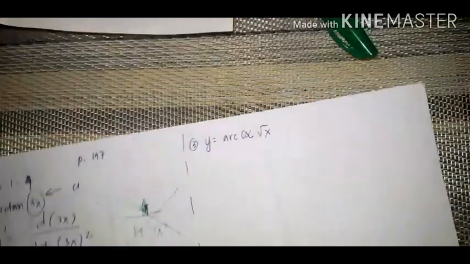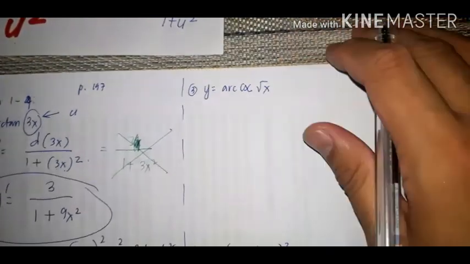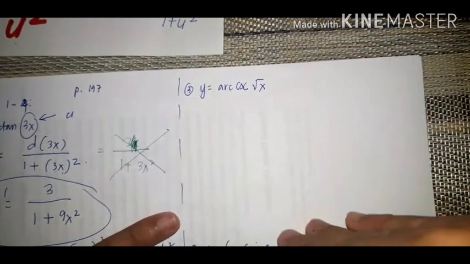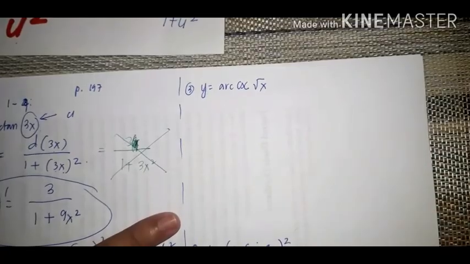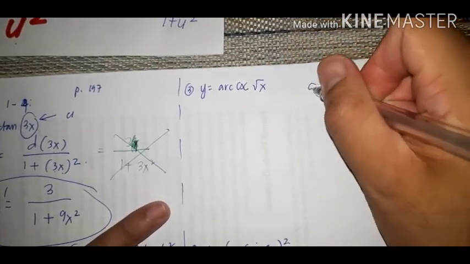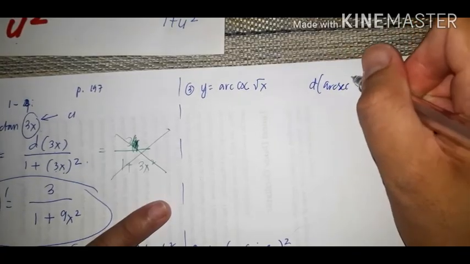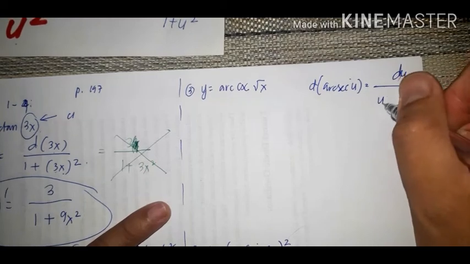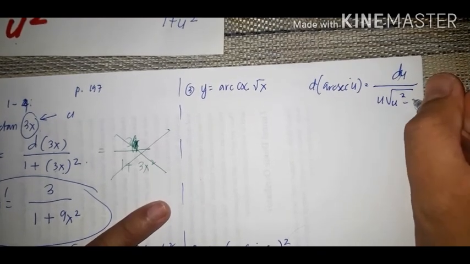So, for number 3, we have our cosecant of the square root of x. So, again, our cosecant is just the negative derivative of arcsecant. But the derivative of arcsecant u is du over u square root of u square minus 1.